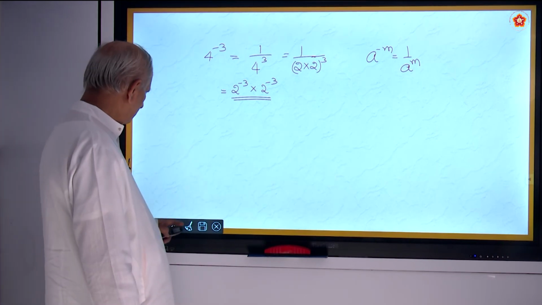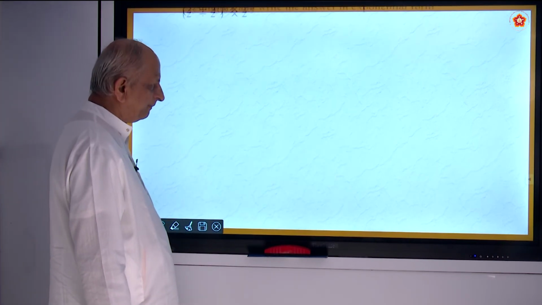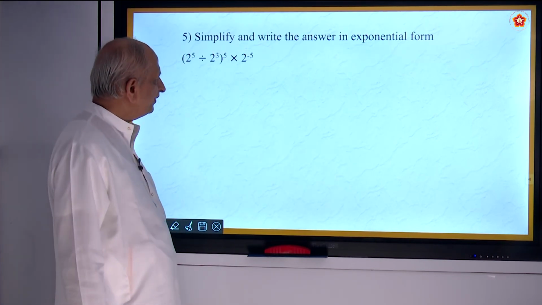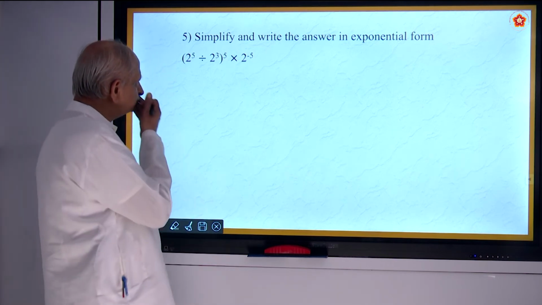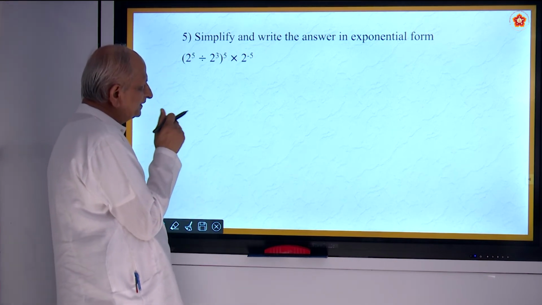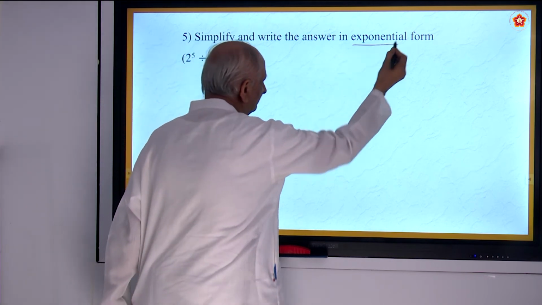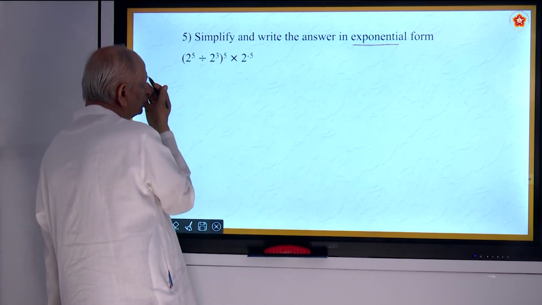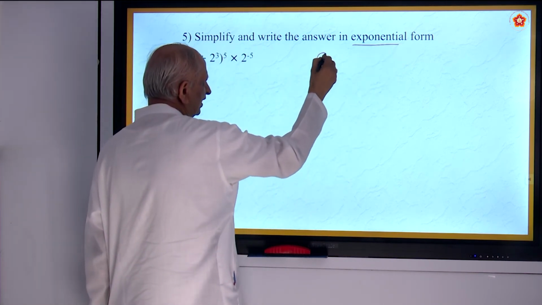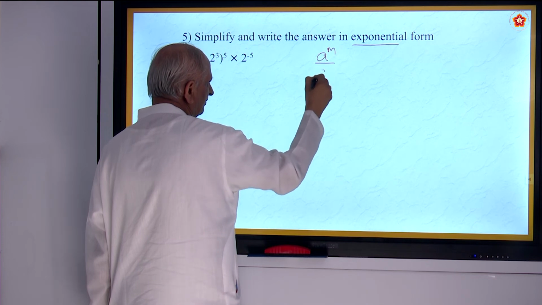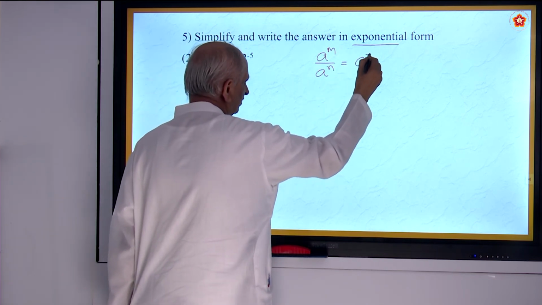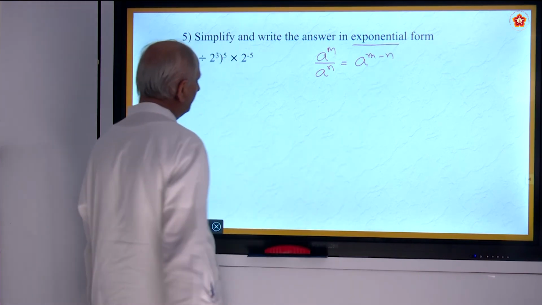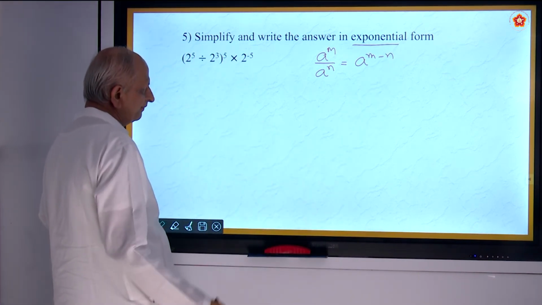Okay? And now we'll pass on to the next problem. Simplify and write the answer in the exponential form. So the answer must be in the exponential form, which means you must write the powers. So we know the formulas; then and there write the formulas. What is the formula? a to the power of m by a to the power of n is equal to a to the power of m minus n, one formula.